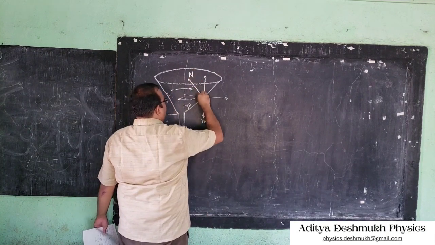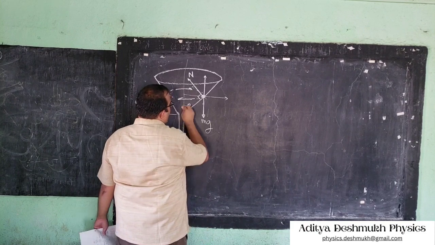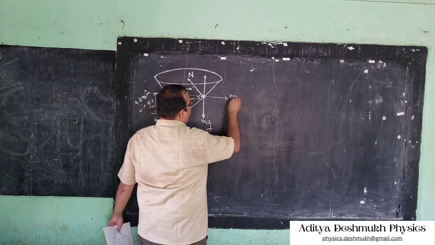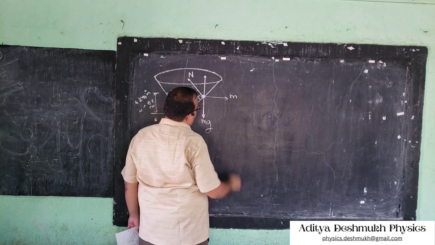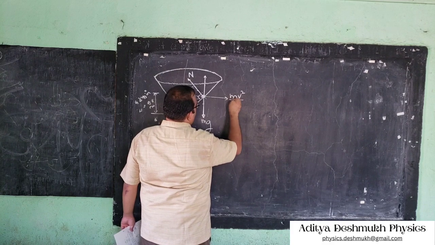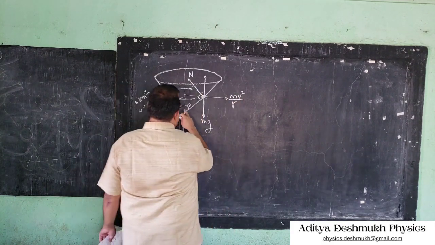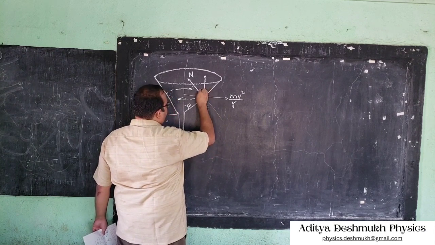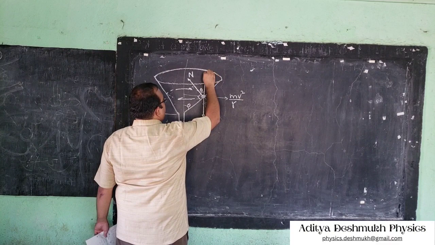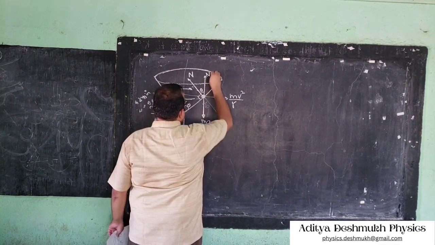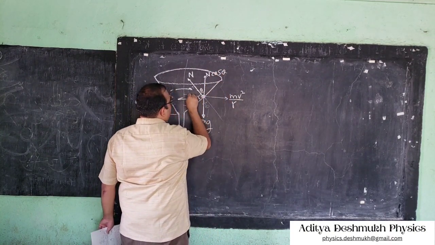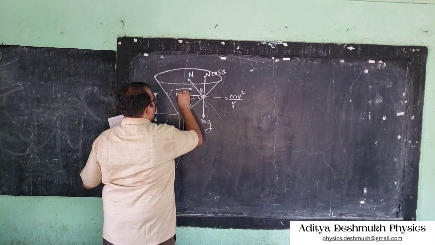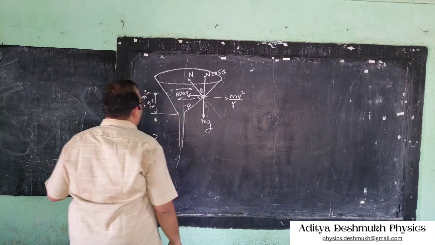My normal reaction will be perpendicular to the surface, and the centrifugal force will be radially outward. If this angle is theta, this angle will be theta. So this component of normal reaction is N cos theta, and this component will be N sin theta.